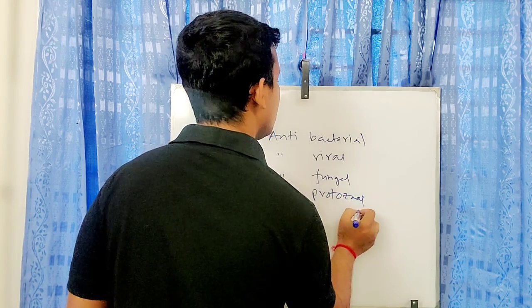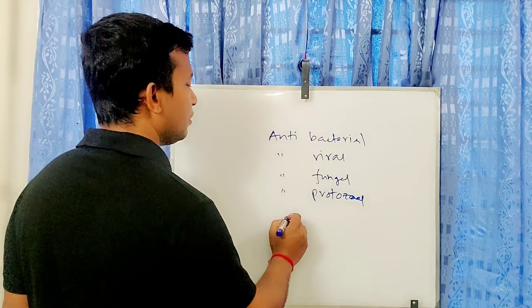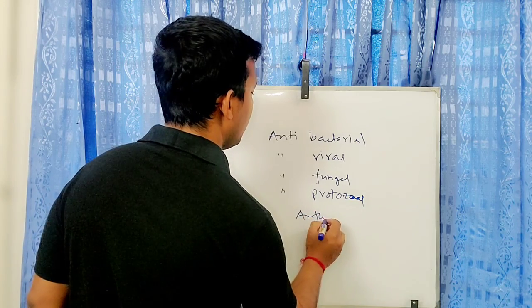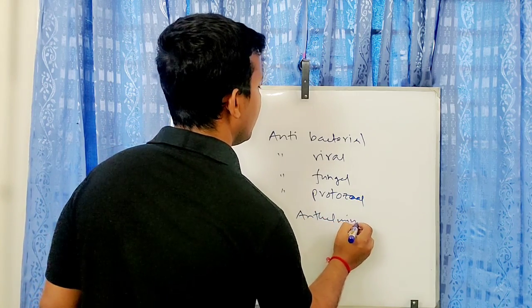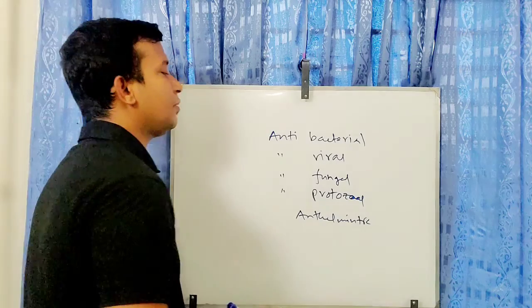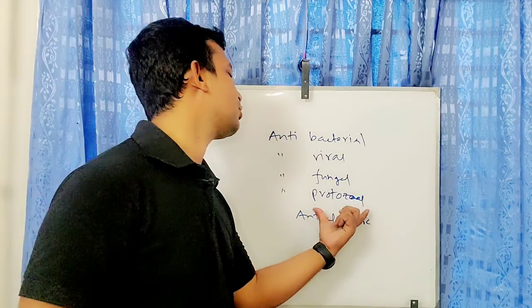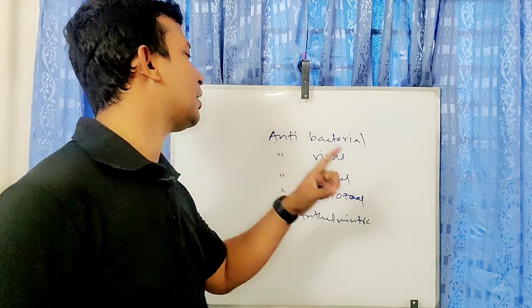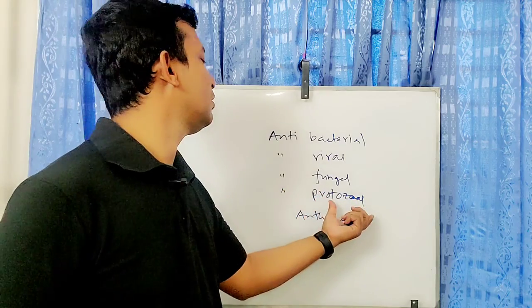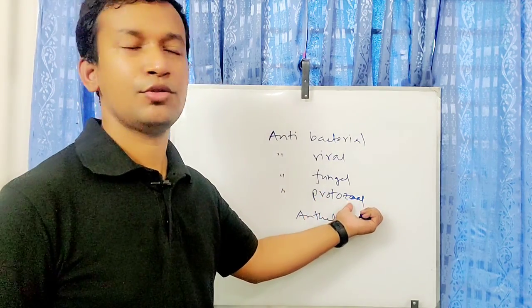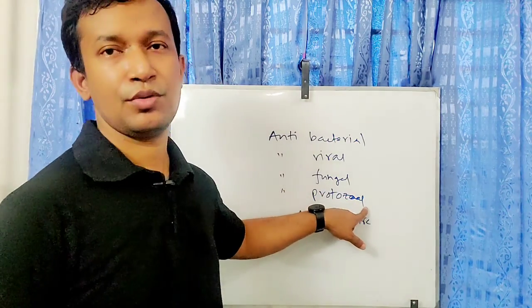Antiprotozoal and anthelmintic. So antiprotozoal means when a protozoal infection is there, these are the agents which will fight against the protozoa, like dysentery and amoebiasis we are talking about.